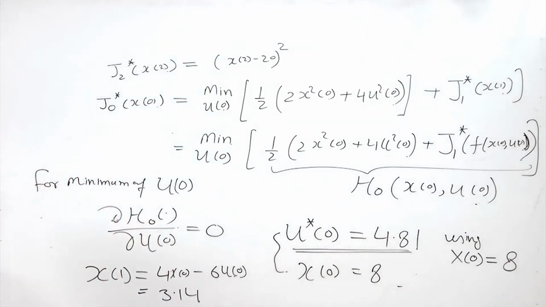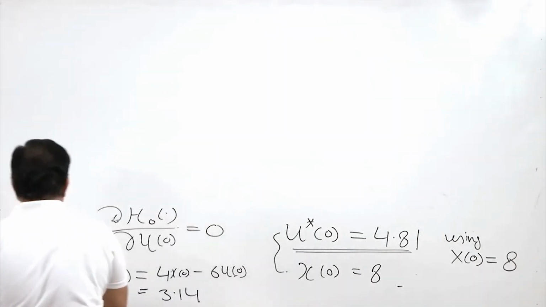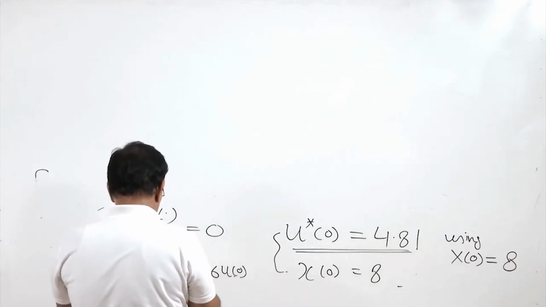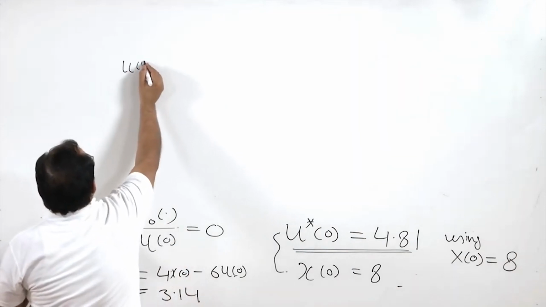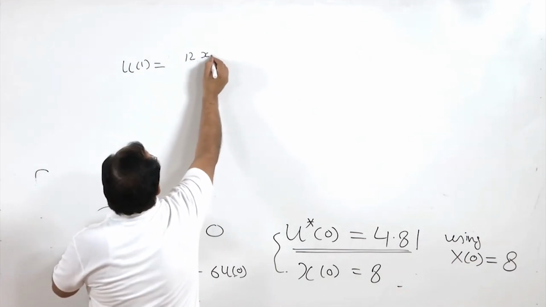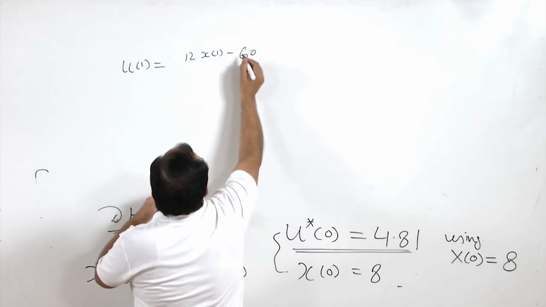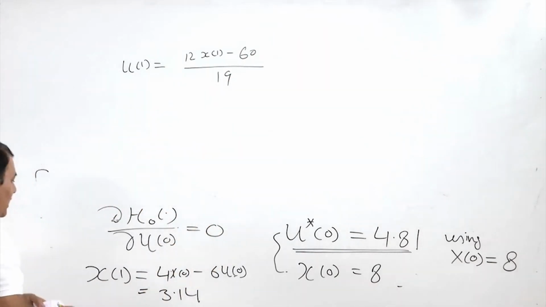Once x1 is known, and I have represented my u1 as 12 of x1 minus 60 by 19, I already have determined x1.